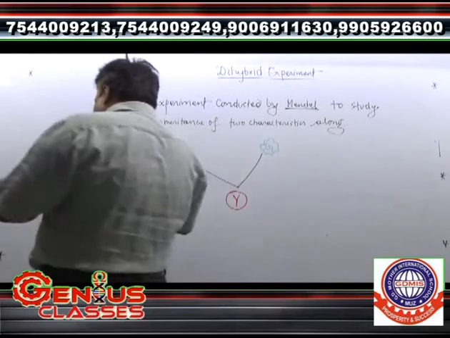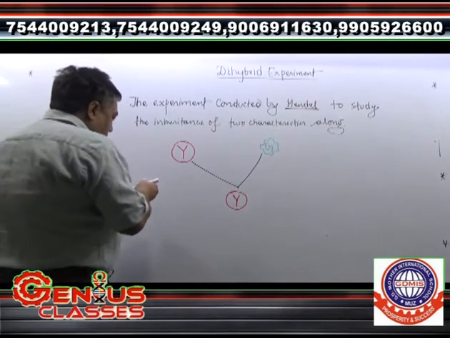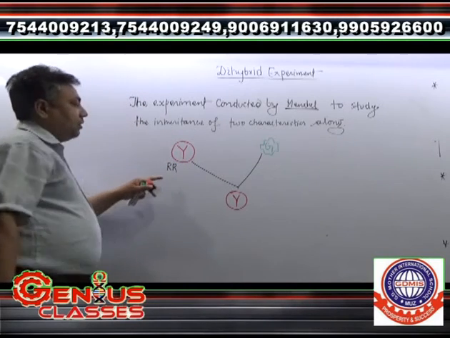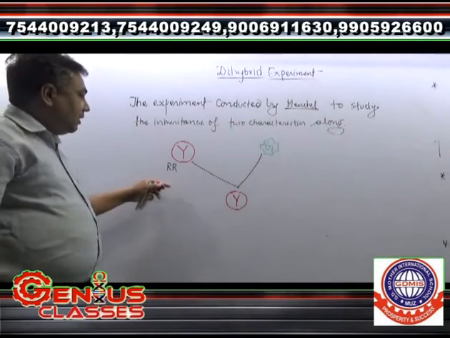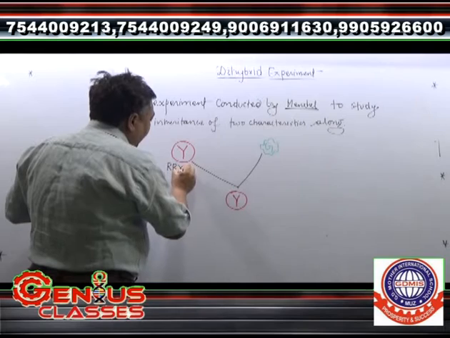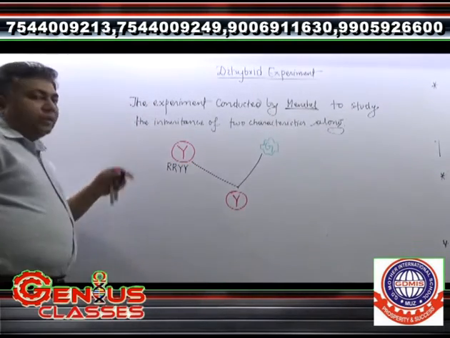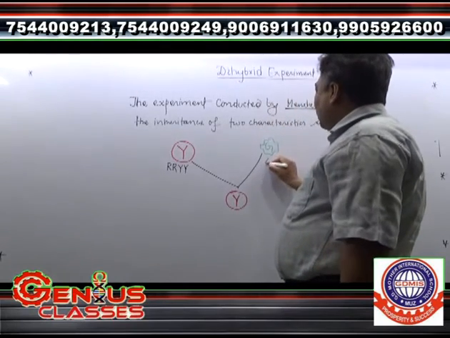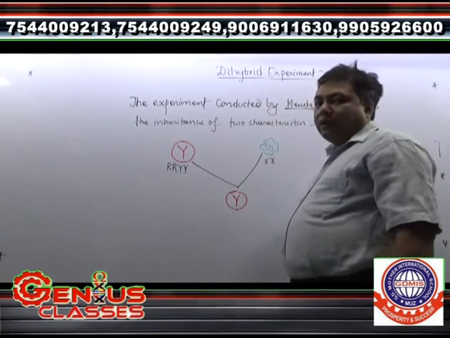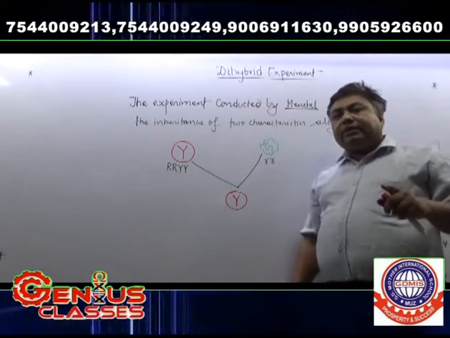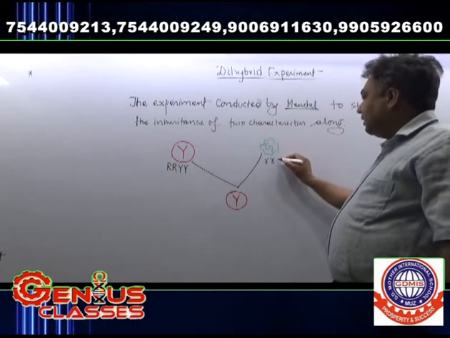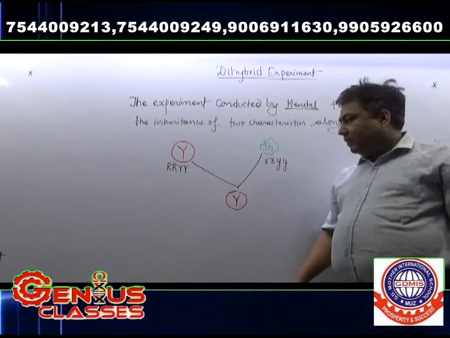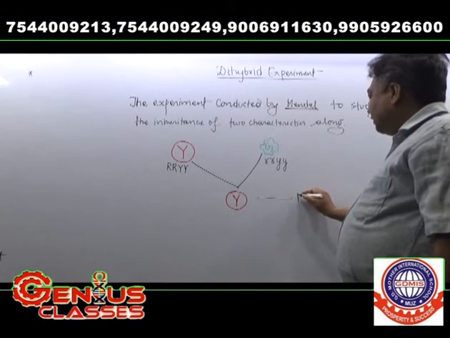So we can mark here capital R and capital R for round shape, and capital Y and capital Y for yellow color. Whereas the small r and the small r will denote the recessive allele, whereas for green a small y and a small y will denote. This is F1 generation.